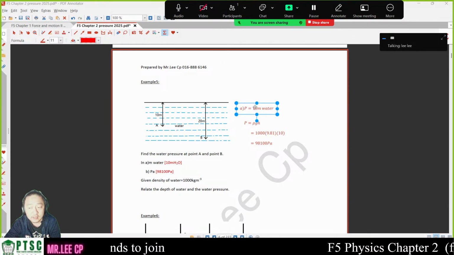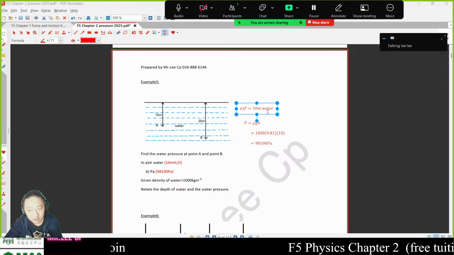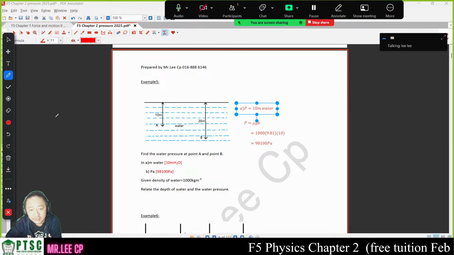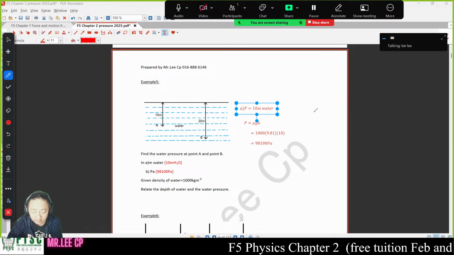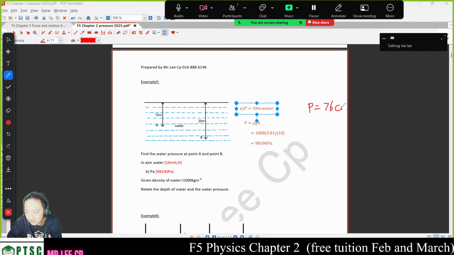Now, there are many ways to measure pressure. It can be meter of water. It can be in mercury, maybe some of you already learned it, like a pressure of 76 cm of mercury.